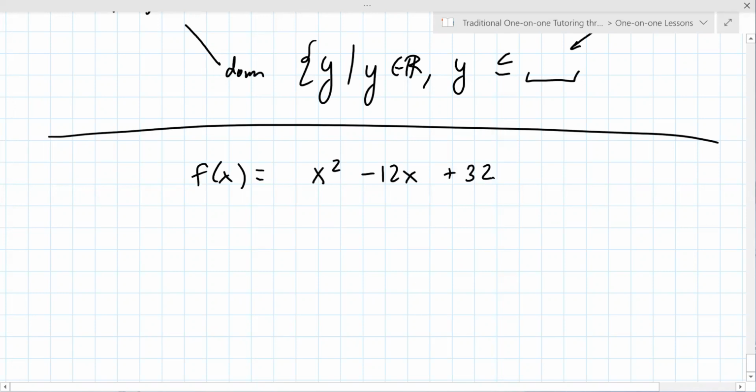All right. Okay, y equals parentheses x minus 6 squared minus 4. That is correct. Yep, perfect. Awesome. All right, I got that down finally.